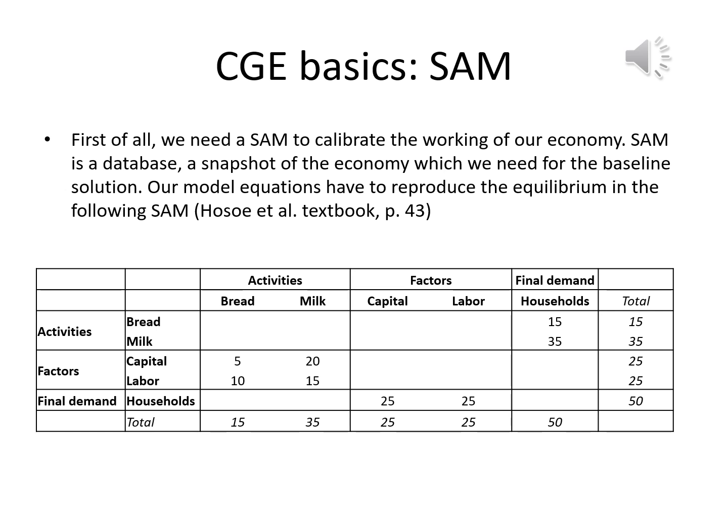So let's look at each block one by one. If you look at the activities block, by the way, how do you read the numbers in this SAM? If you go from left to right through a row, that means the physical flow of what you see.